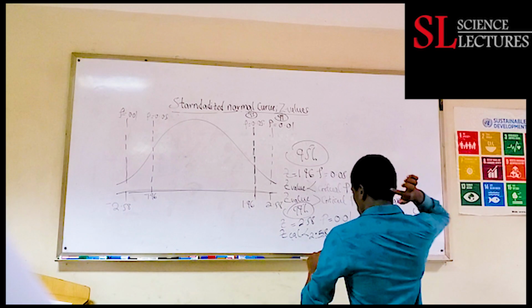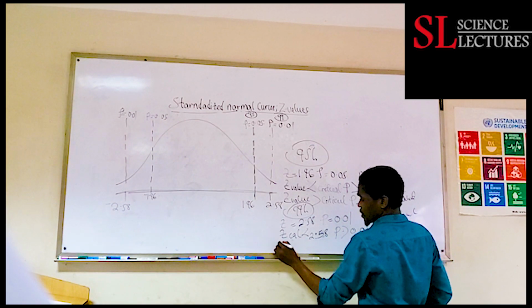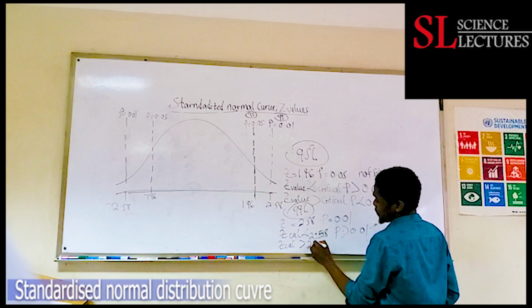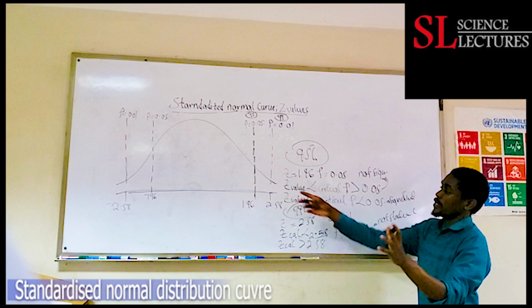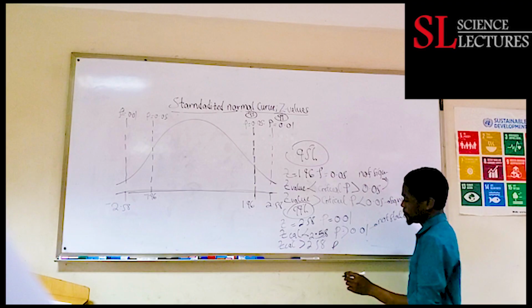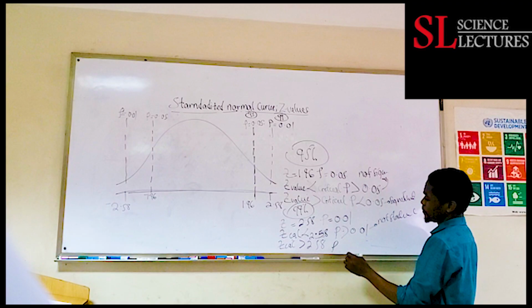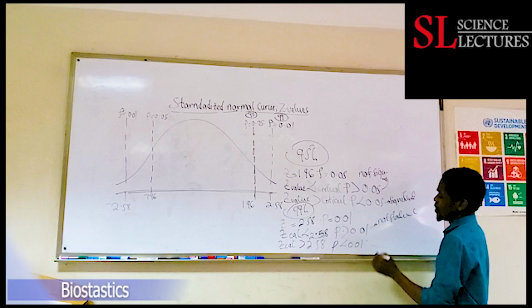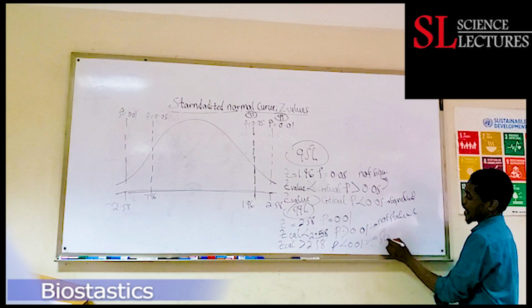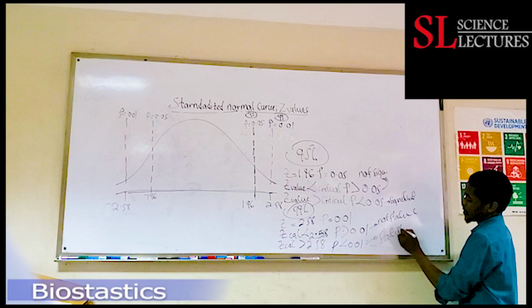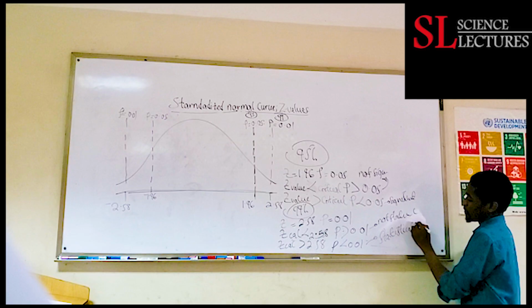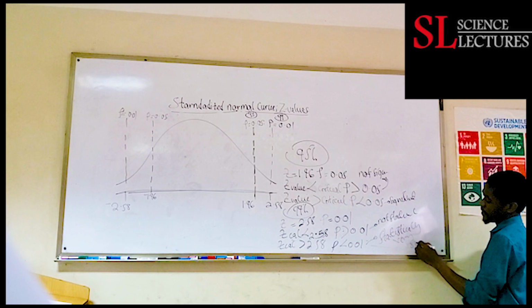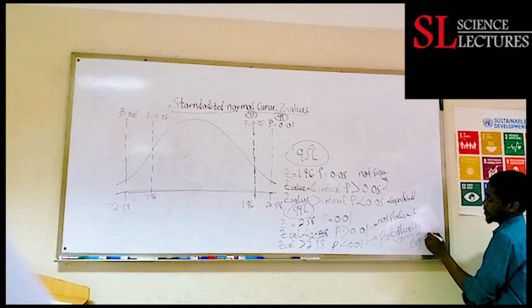Then if we get the z-cal greater than 2.58, that means we'll define our P as P less than 0.01, and this will be, here we have a little variation, statistically very significant.